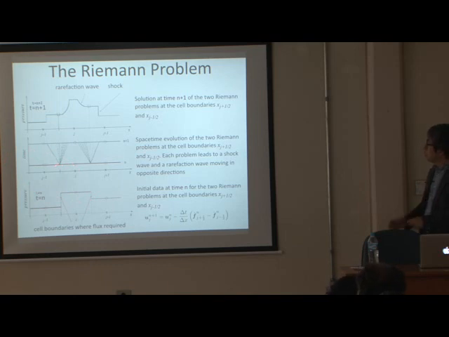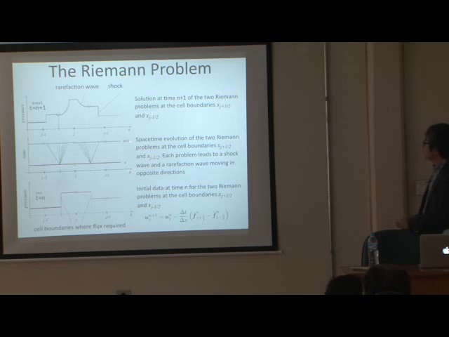So we think of this as the initial data at t equal n for the two Riemann problems at the cell boundary, at the j plus half or j minus half position. At each cell boundary point we can think about the Riemann problem. The information is propagated to the right-hand side and left-hand side, along with propagation of the contact discontinuity.